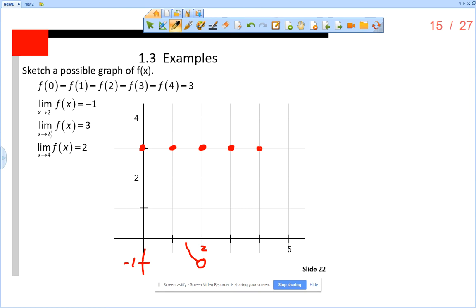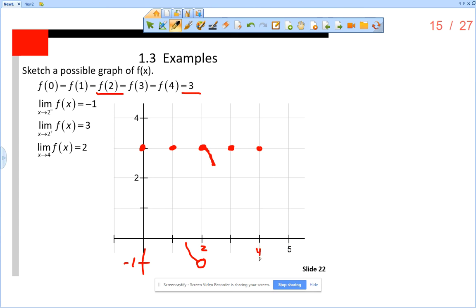Next, the limit as x approaches 2 from the right is 3. So now, here is 3. From the right of 3, I must be coming towards that closed circle. And I know it's a closed circle because I was already told that f of 2 equals 3. And then lastly, the limit as x approaches 4 of f of x is 2.